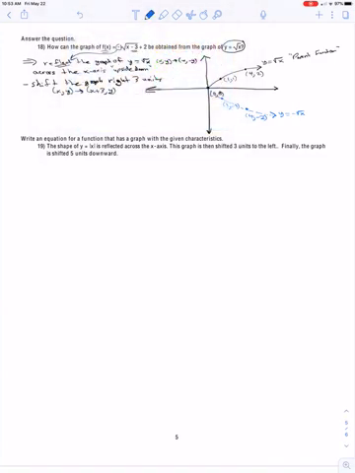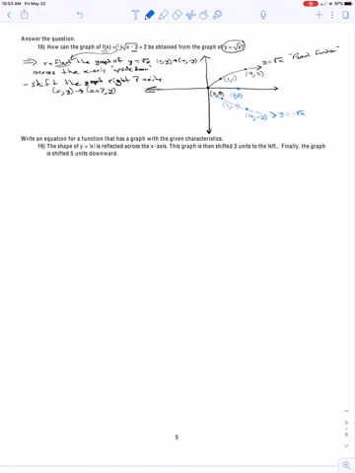So this starting point is (0, 0). Well, if we move right 3 units, we're going to be over here at (3, 0). So let's go ahead and plot that. Over here at our point (3, 0) will be our starting point.